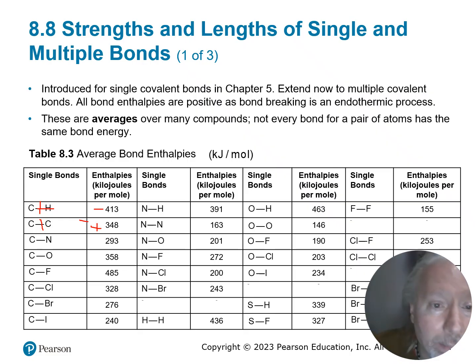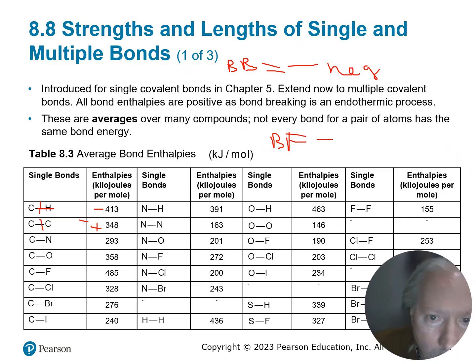Okay, so bond breakage, if I'm going to put BB for bond breakage, is always a negative value to break a bond. But then you can reform a bond, and we'll call that bond formation.